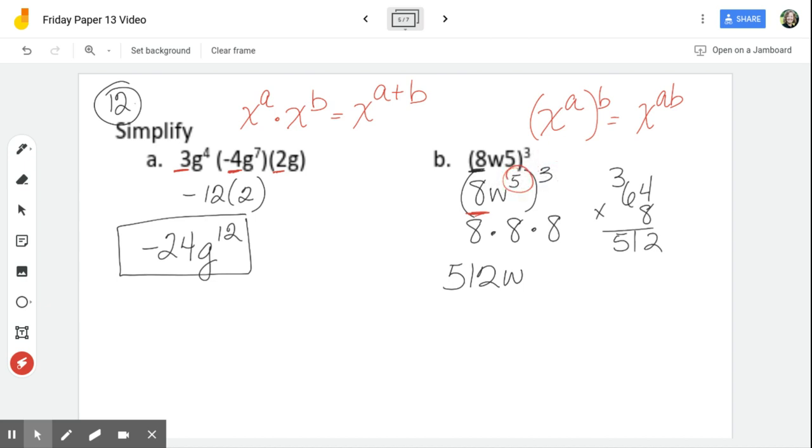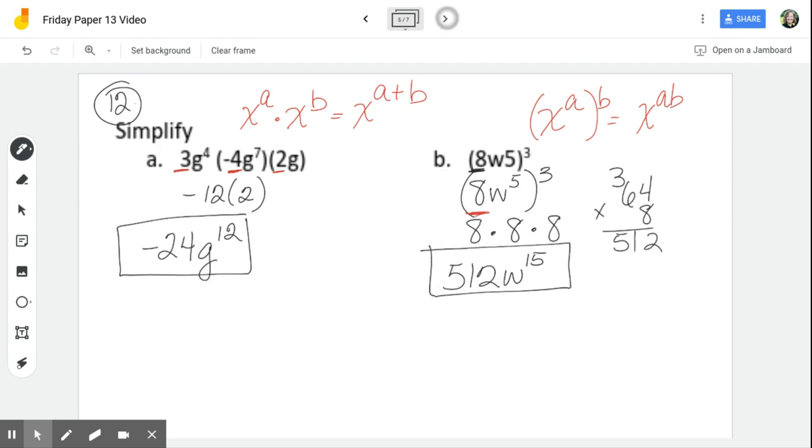I'm going to multiply, that's the a and the b, 15. Okay, so 512 w raised to the 15th power. And that's going to be my answer for 12b.